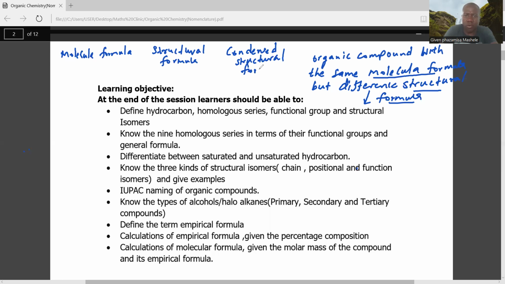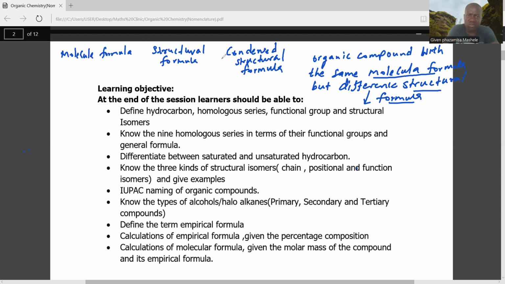When we're talking about a molecular formula, we only show the number of atoms of each element with no bond attached.